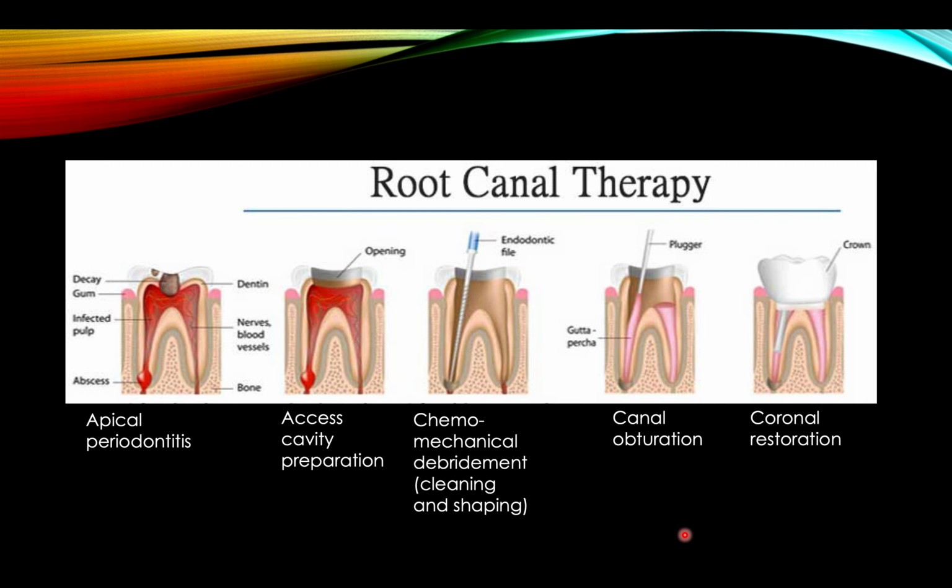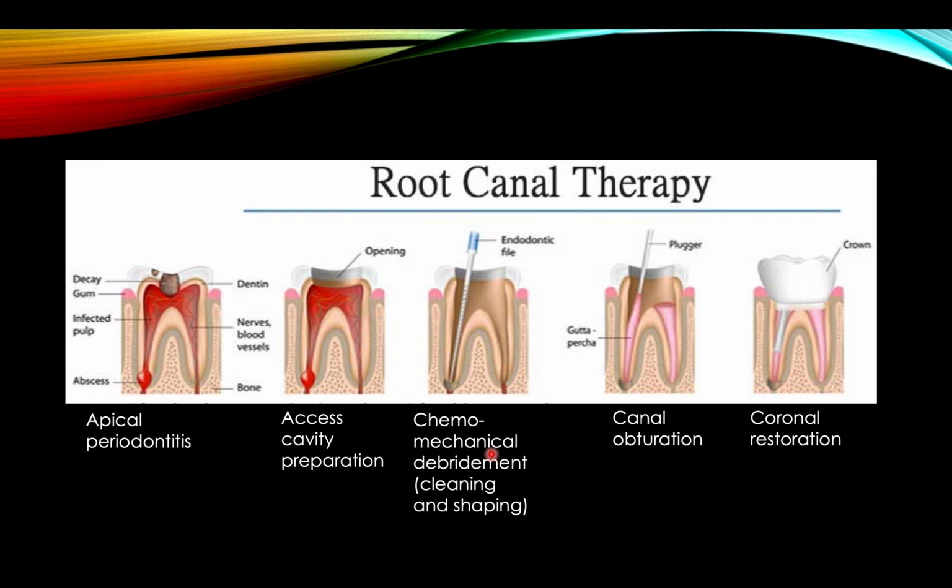Now, during root canal treatment, what we do is access cavity preparation. We want to reach the dental pulp space, and then clean it using chemicals and small instruments. At this stage, we call it chemomechanical debridement or cleaning and shaping of the pulp space. After we clean the pulp space, we need to fill it with a suitable root filling material, and that's called canal obturation.